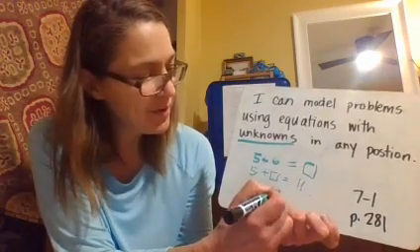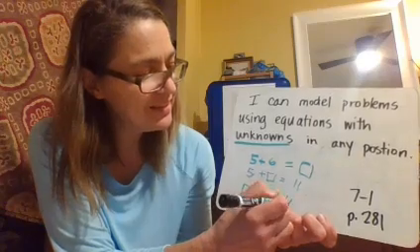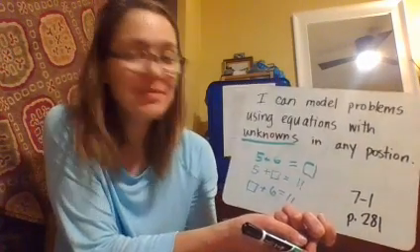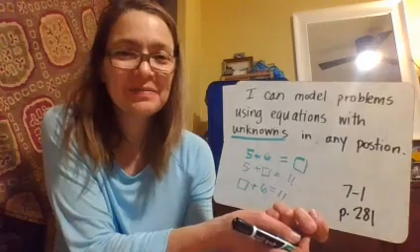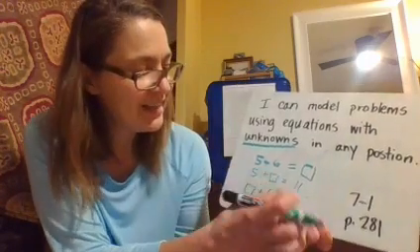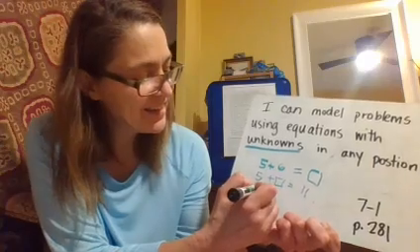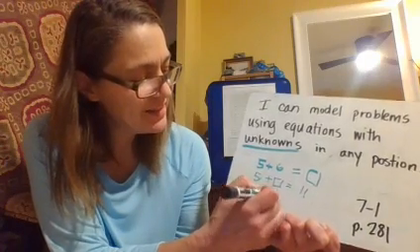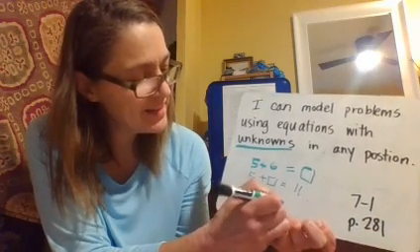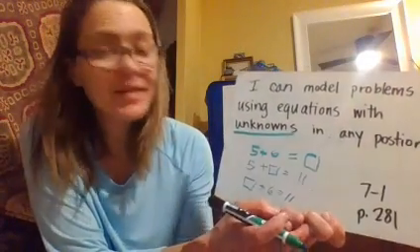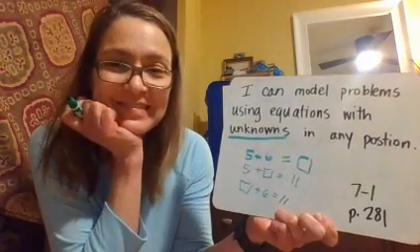I baked 6 more, and now I have 11. How many did I eat? I'm sorry, now that would be a minus. Let's see, I have some cookies. My friend has 6 cookies. We have 11 total. How many cookies do I have?